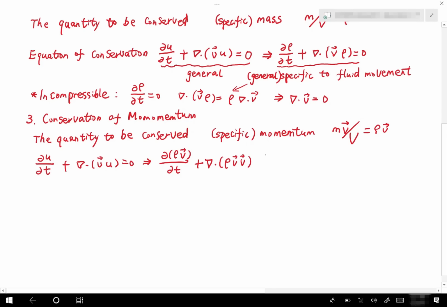But, sorry, for momentum, this one is not a zero anymore. We're going to have some other things.